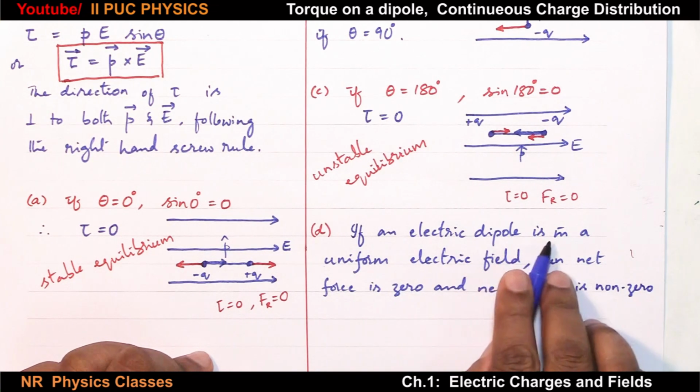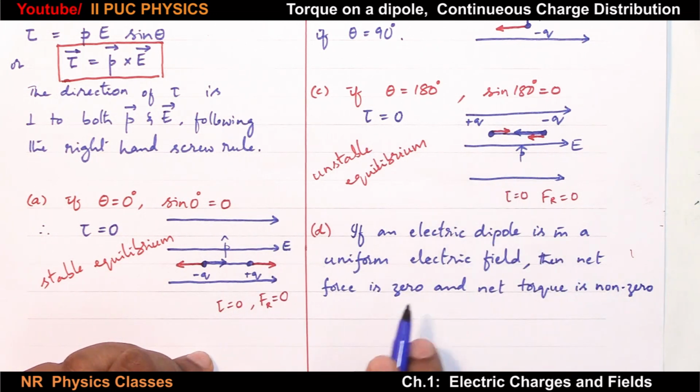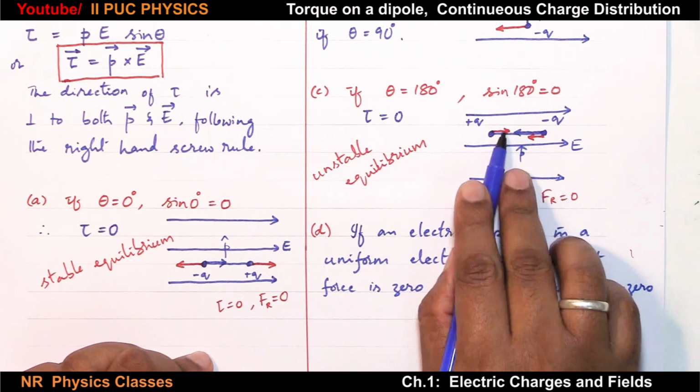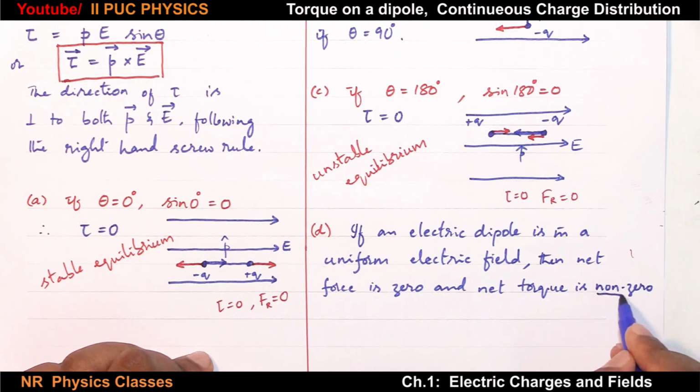If an electric dipole is in a uniform electric field like this, then net force is 0 because they are equal and opposite forces, but net torque is non-zero, means there is turning tendency.